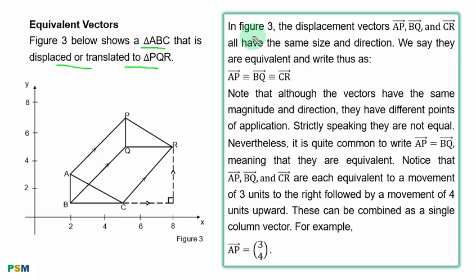In figure 3, the displacement vectors AP, BQ, and CR all have the same size and direction. We say they are equivalent and write thus: vector AP is equivalent to vector BQ, equivalent to vector CR.